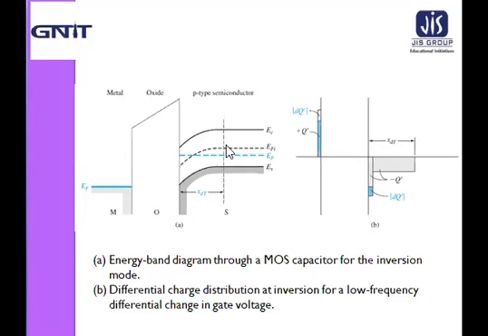Again, this figure shows the energy band diagram of the MOS device for the inversion condition. When a small incremental change in the voltage across the MOS capacitor causes a differential change in the inversion layer charge density, the space charge width does not change.